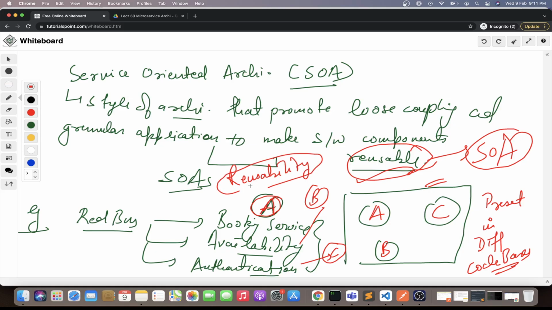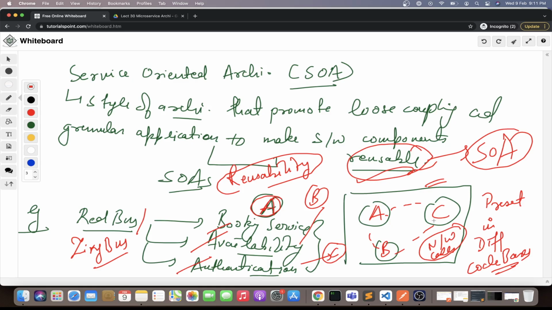And if we are having a Redbus app or some travel app like Zingbus, it has a booking service, it has an availability service, it has an authentication service. So these three are different code bases. They are connected to each other through network calls or some interface, something like that.